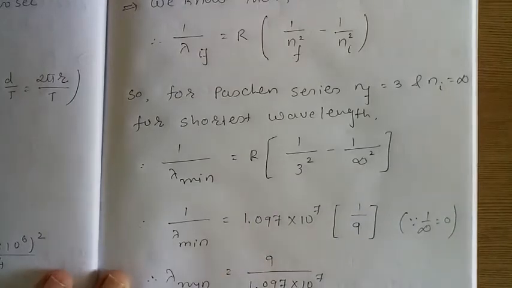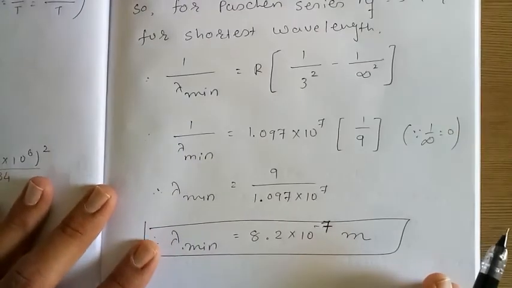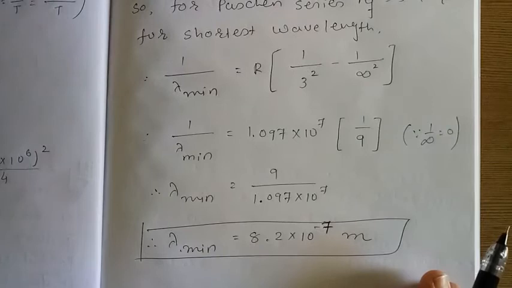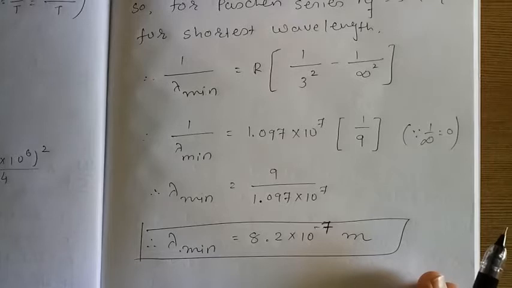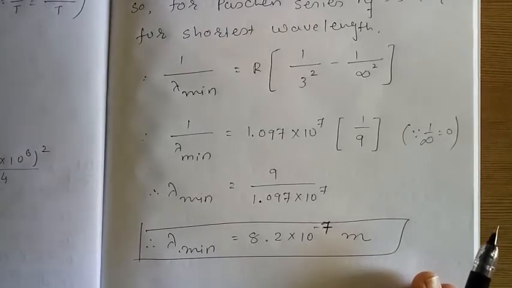So lambda minimum is 9 upon 1.097 into 10 raised to 7. So we get lambda minimum is equals to 8.2 into 10 raised to minus 7 meter.